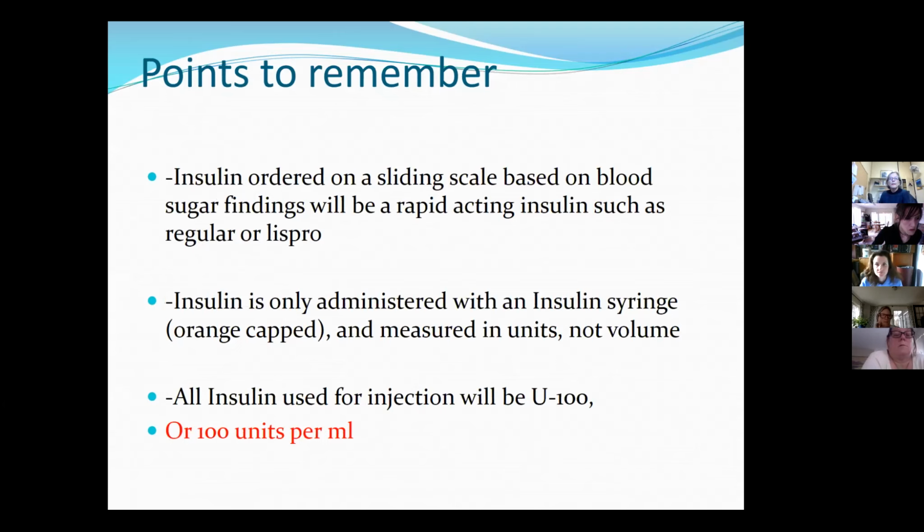These sliding scales are used very commonly in the hospital setting. In fact, the sliding scale typically is going to be blood glucose levels checked 4 times a day, before each meal and at the hour of sleep.